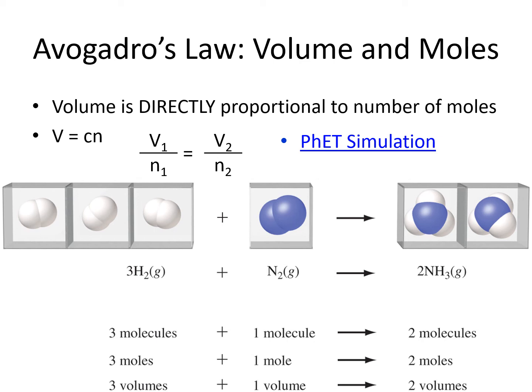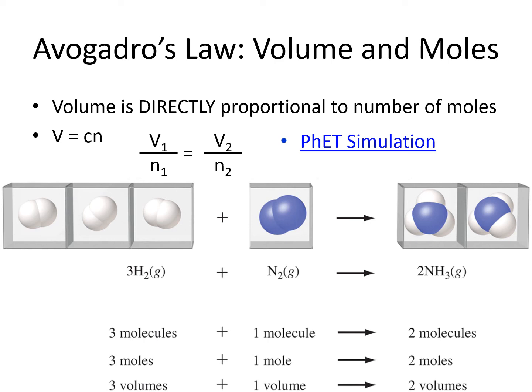Since volume and moles are directly proportional, we can also use our coefficients with relationship to volumes. For example, we could say 3 volumes of H2 gas reacts with 1 volume of N2 gas to make 2 volumes of ammonia gas. Keep in mind, this is only true for gases. It cannot be assumed for volumes of solids or liquids or aqueous solutions.